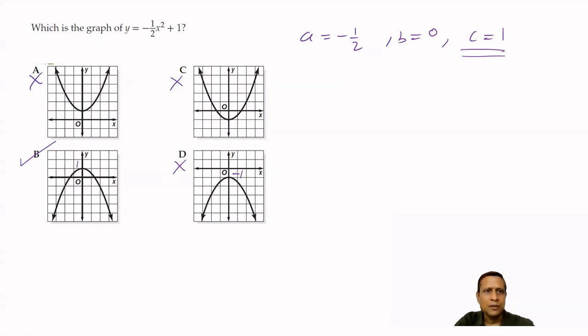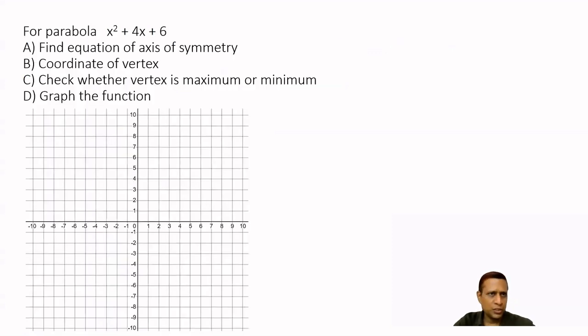Now, let's do two questions of graphing the parabola. First question. The parabola given is y equal to x square plus 4x plus 6. We need to find the equation of the axis of symmetry.